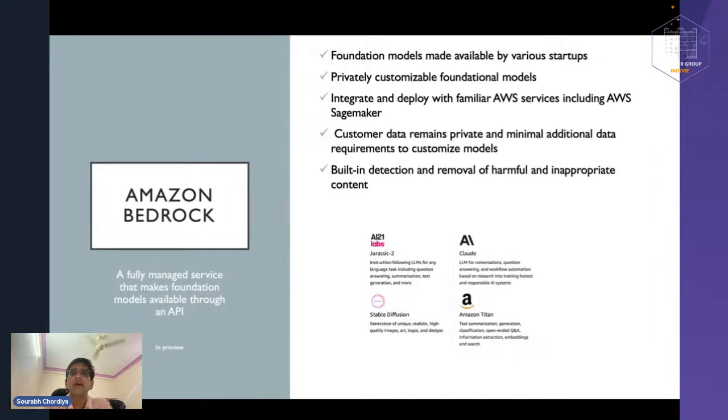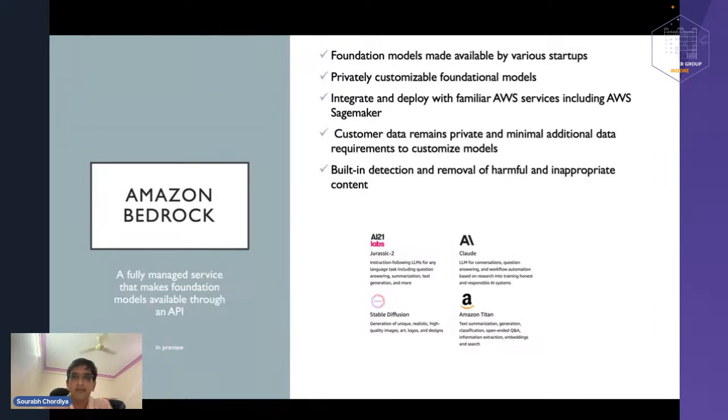You don't really need to worry about the data being in the public domain, or some sort of security problems. All of these are not a worry anymore, because they're all privately customizable. You can integrate and deploy with SageMaker.